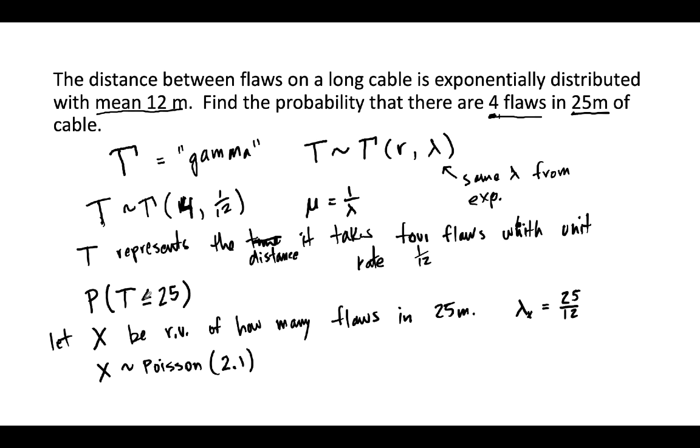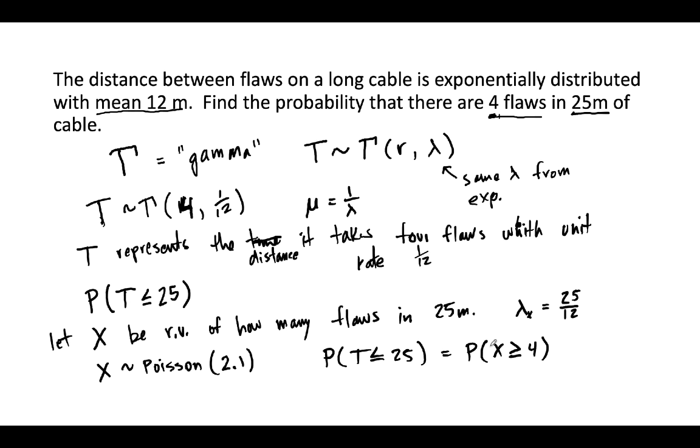And now we can reformulate this. We are concerned about the probability that there are 4 flaws. That's the same as the probability that x is greater than or equal to 4.